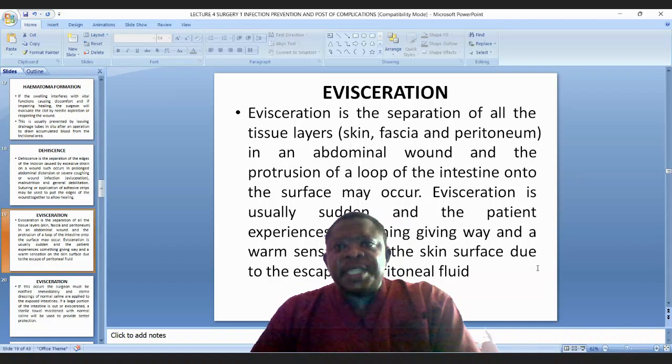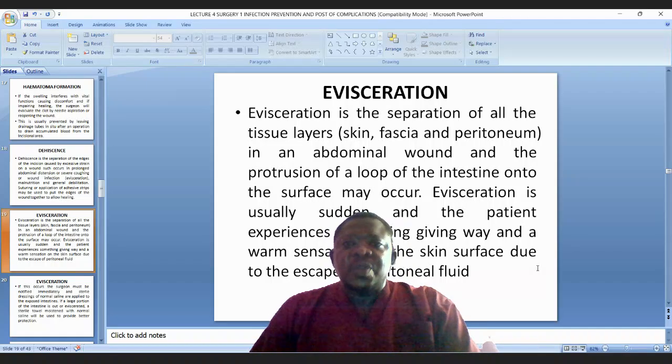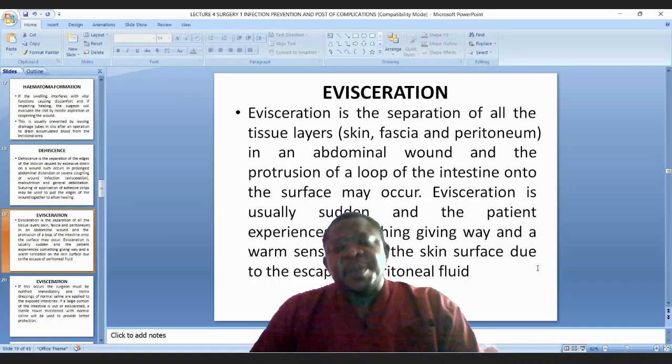Then we have evisceration. Evisceration is the separation of all the tissue layers in an abdominal wound and the protrusion of a loop of the intestine onto the surface that may occur as a complication. Evisceration is usually sudden and the patient experiences something giving way and a warm sensation on the skin surface due to the escape of peritoneal fluid.